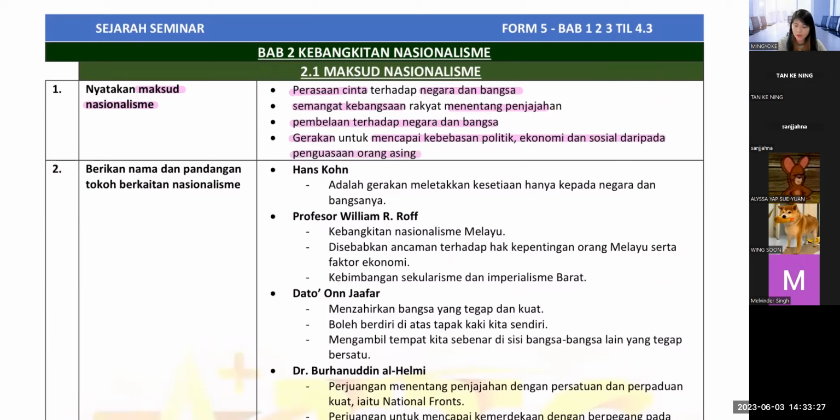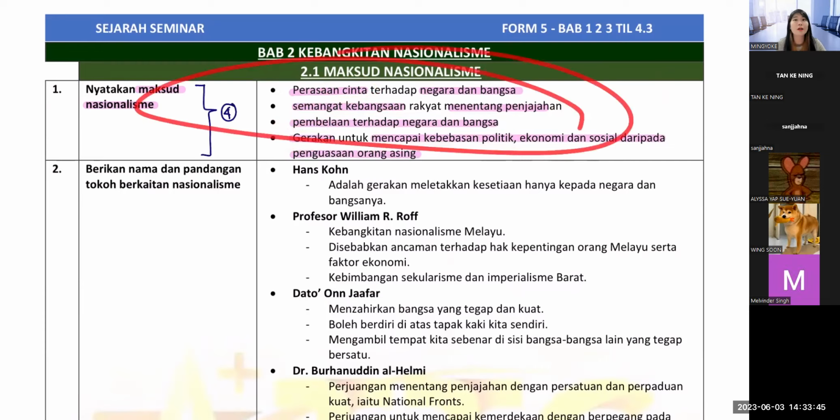These are the 4 important points you need to remember. So first, obviously, is love your country, or nationalism spirit. You try to fight for your land, or a movement to achieve freedom. All these are your general maksud. This is very important.